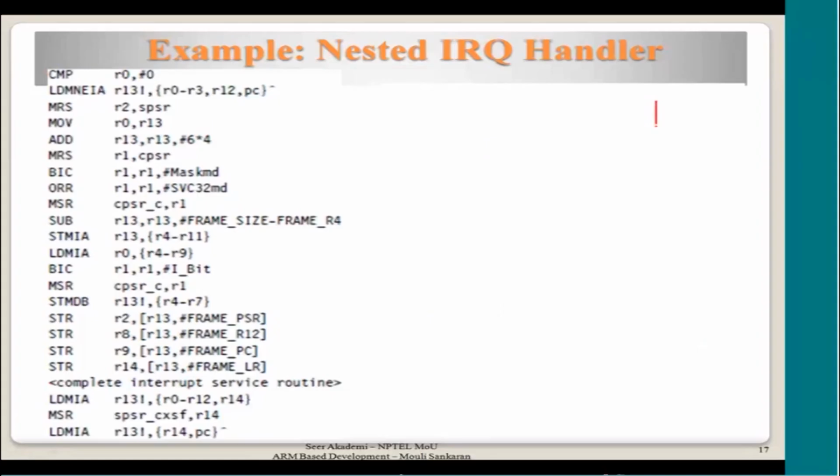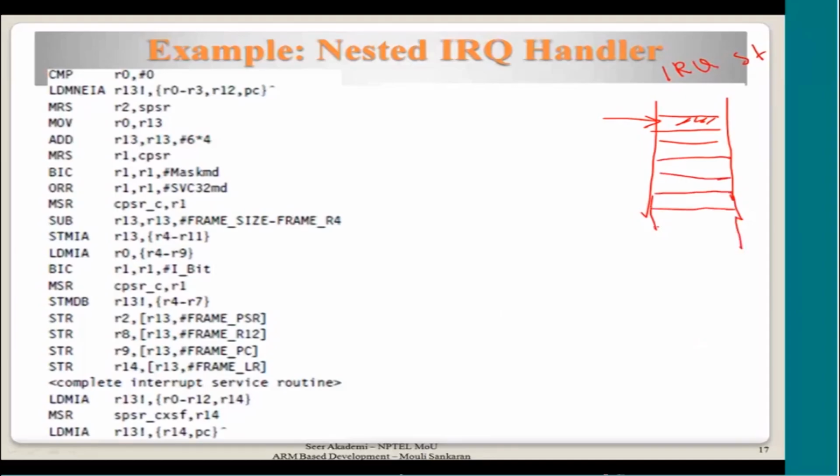Now let me draw the stack. Which stack? IRQ stack. Earlier R13 of IRQ was somewhere pointing at something. It doesn't matter which address it is. I'm sorry about the straight line. My control on the mouse is not good.